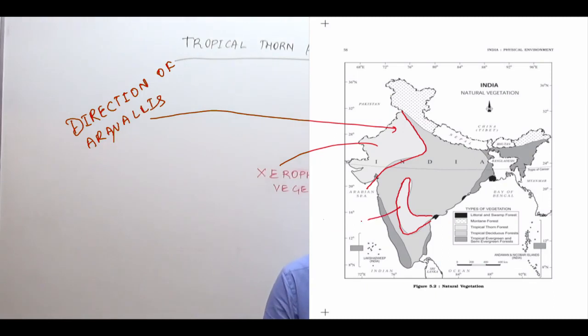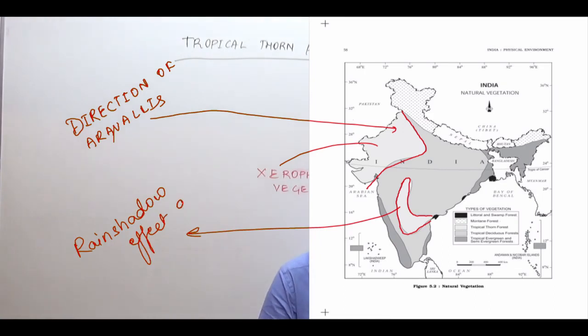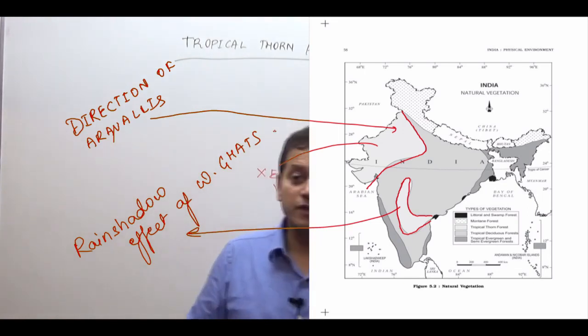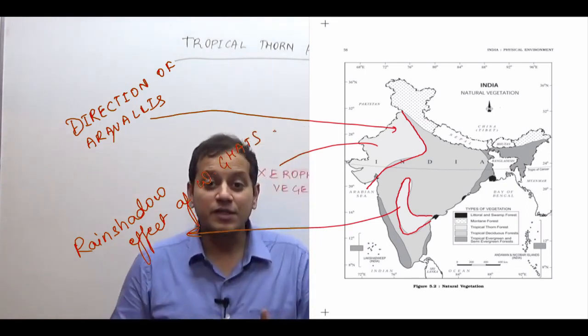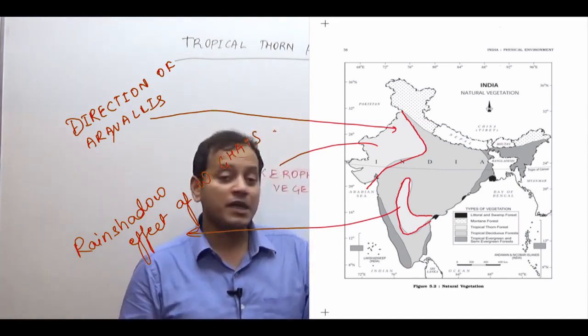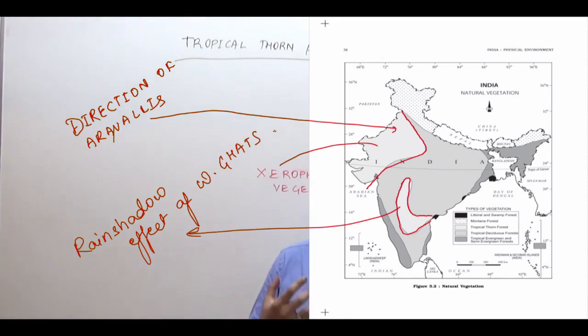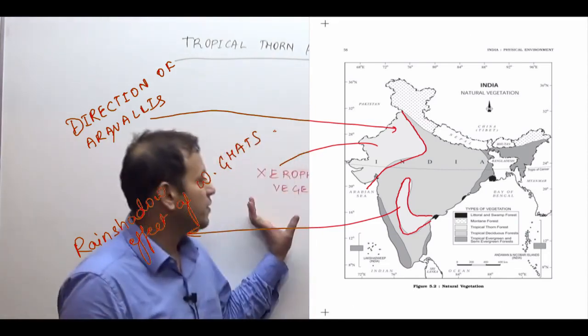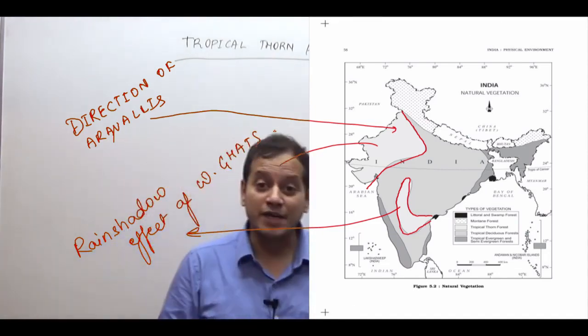And why xerophytic vegetation in this region? Because of the rain shadow effect of the Western Ghats. And therefore the trees have modified themselves. They may have no leaves, they may have tiny leaves, they may have succulent or juicy stems, and these are the features of the xerophytic vegetation.